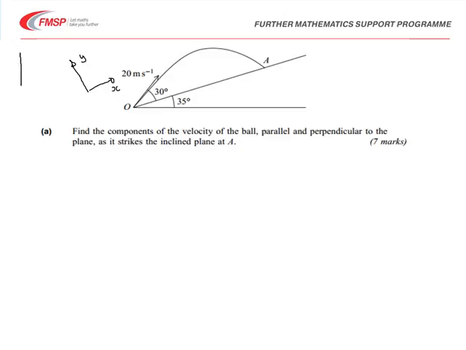So probably the first thing we need to do is consider the acceleration due to gravity g, and realize that it will have components. 35 is the angle of the plane, so the component perpendicular to the plane will be g cosine 35 degrees, and down the plane it will be g sine 35 degrees.